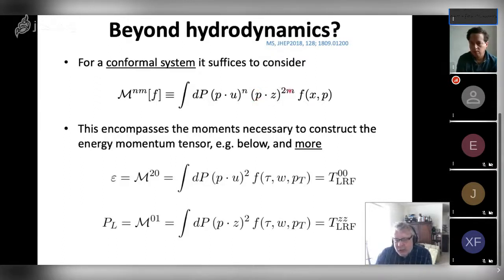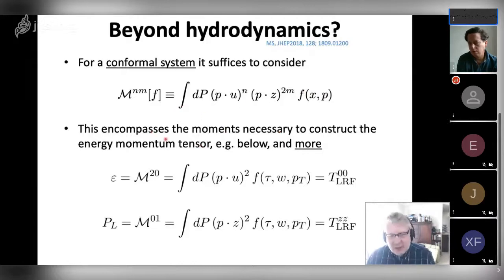There could be ones with the transverse momentum here, but you can use the conformality to always express those in terms of this set of moments. So this represents a complete set of moments that I can now decompose F into. They're not orthogonal or anything fancy, but they're complete.